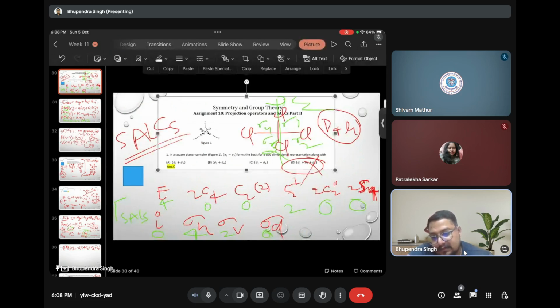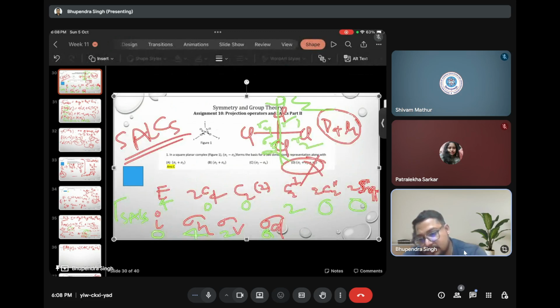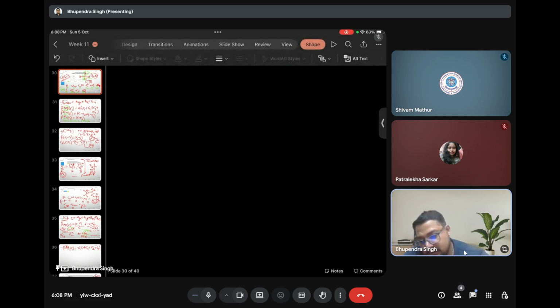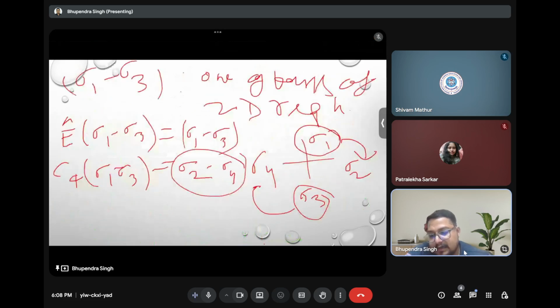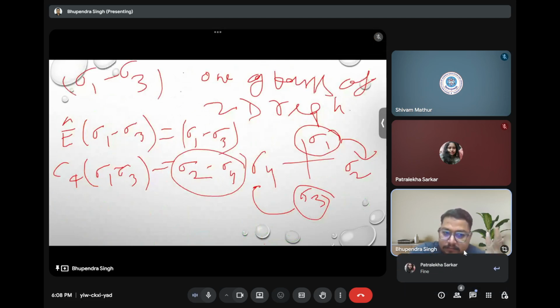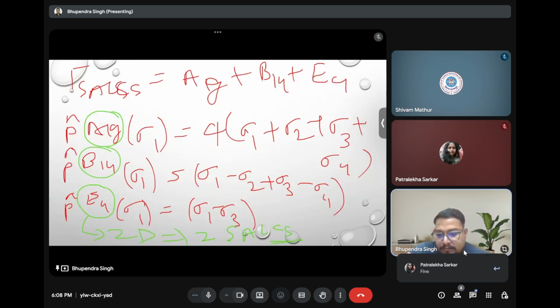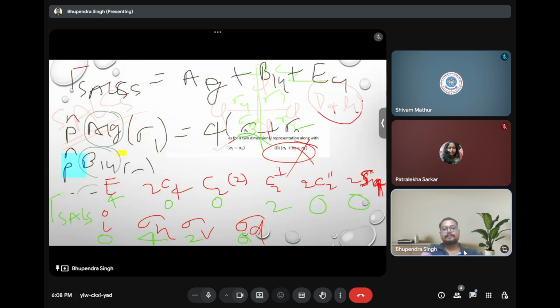Option C is correct. Fine. Similarly, you have to solve for all of them. You will get sigma 2 minus sigma 4 or sigma 1 minus sigma 3 or 0, I mean nothing. So this is your answer.